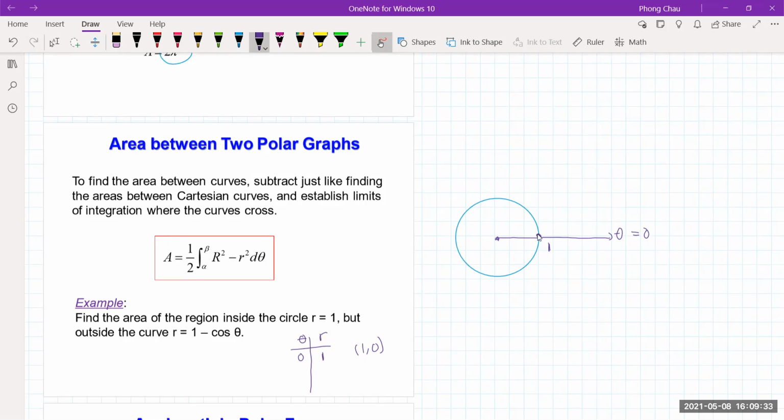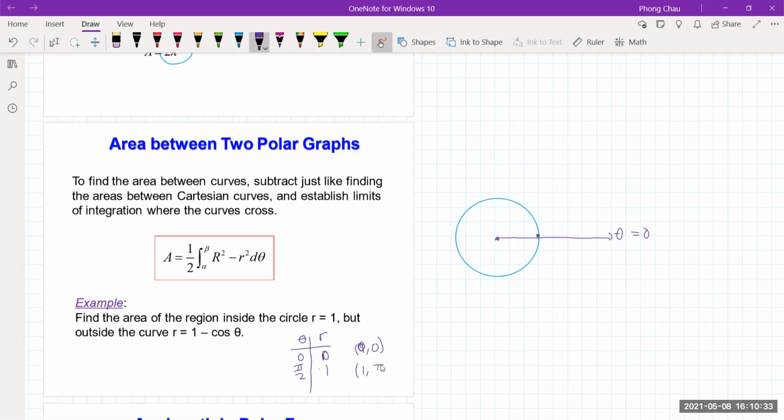Now at pi over 2, cosine of pi over 2 is 0, so r is 1 minus 0, which is 1. Sorry, something was not right earlier.